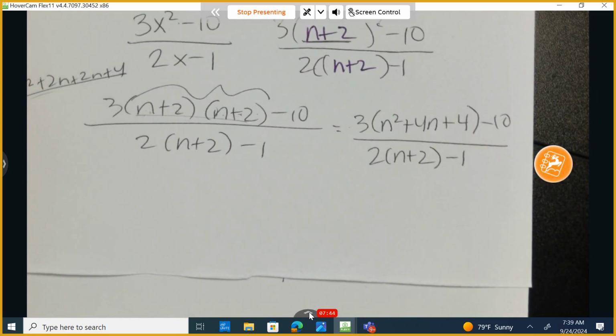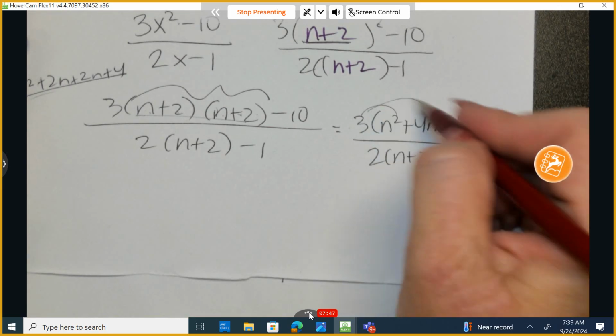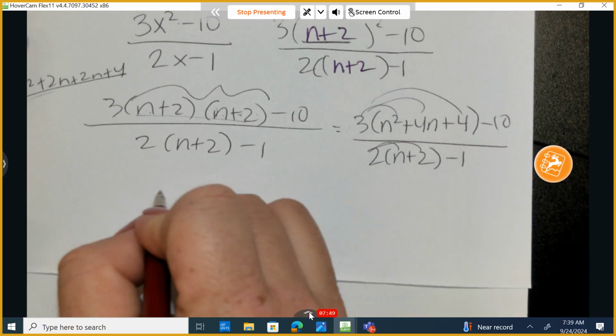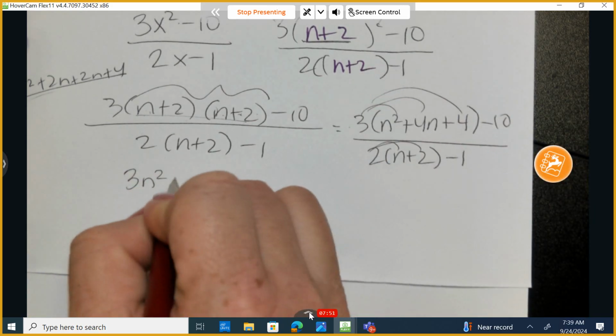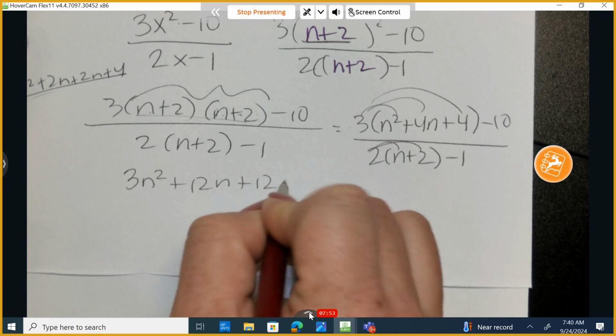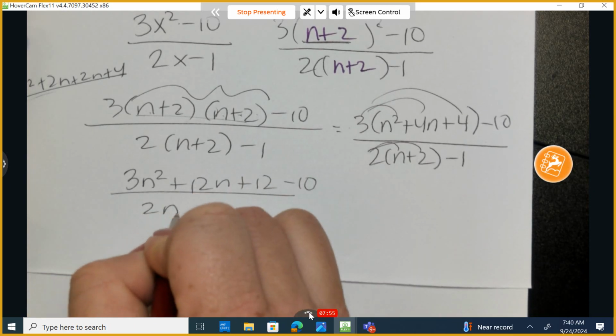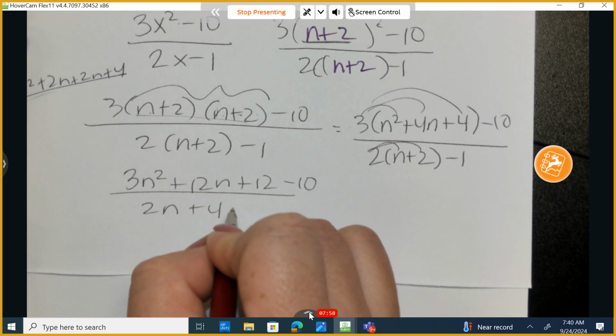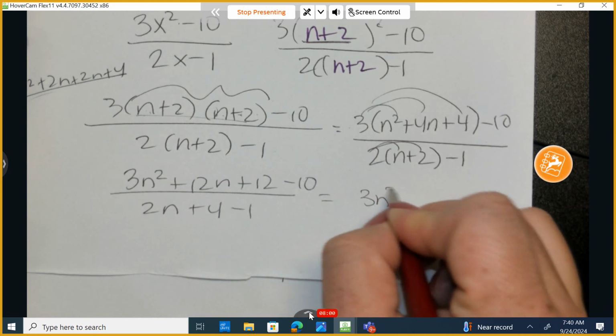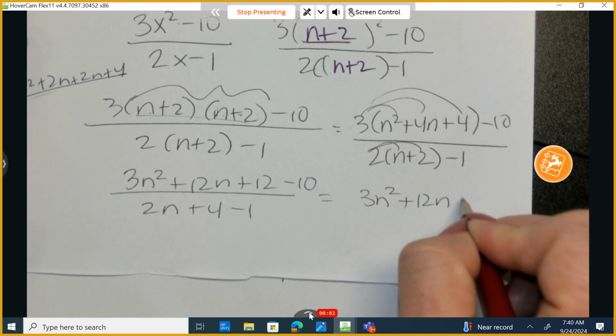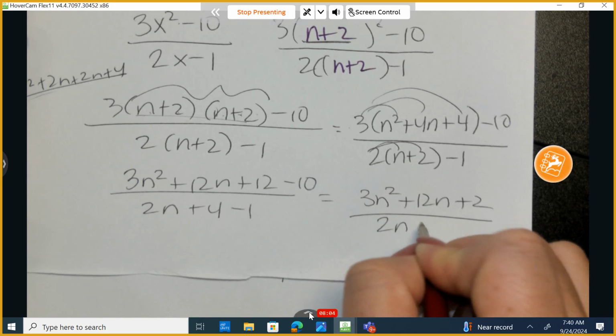I'm going to distribute the 3 and distribute the 2 on the top and the bottom respectively. So 3n squared plus 12n plus 12 minus 10 over 2n plus 4 minus 1, which is 3n squared plus 12n plus 2 over 2n plus 3.